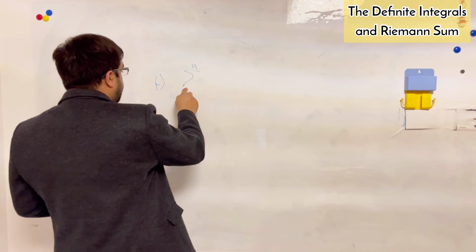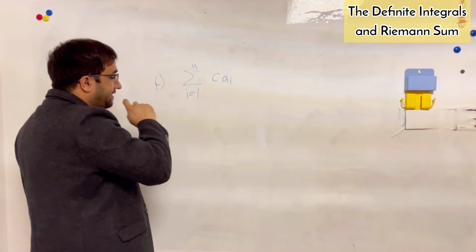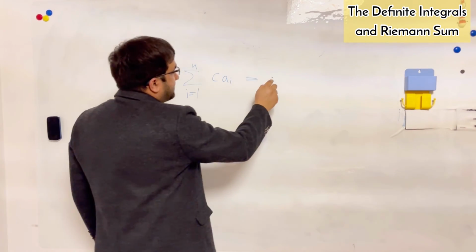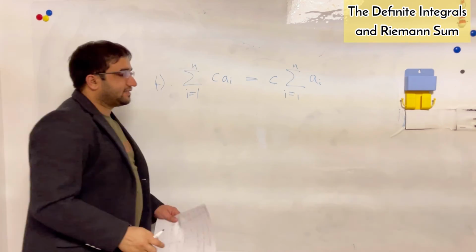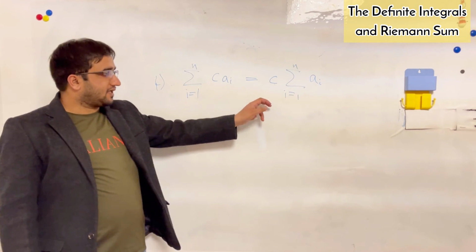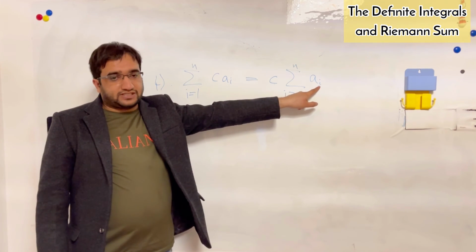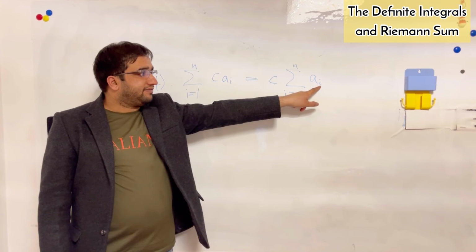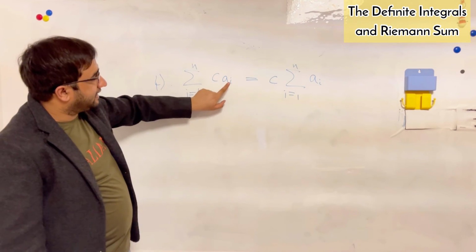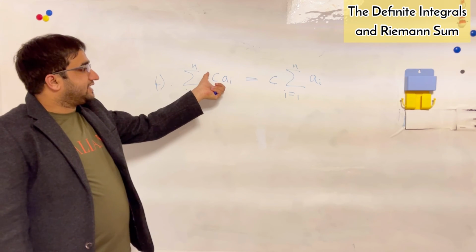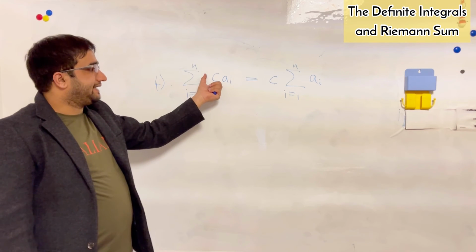And then if you have summation i from 1 to n of c a_i, then you can write it as c times summation i from 1 to n of a_i, because I told you that this i has concern with all those terms where i is involved. If there is no term having i, then you can simply multiply n with this constant and say, okay, n times this.